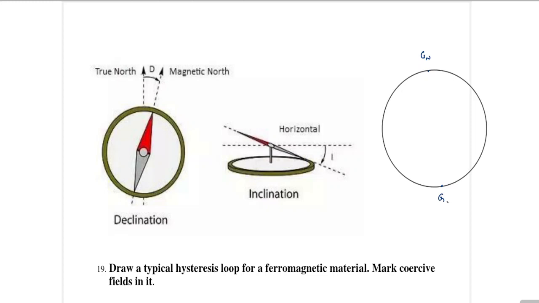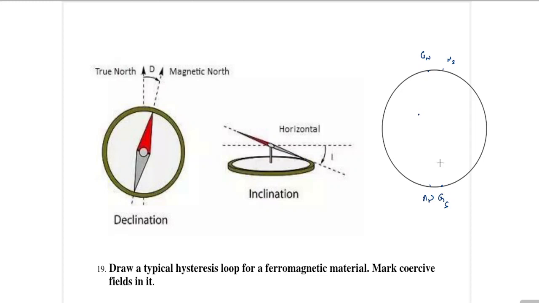This is the geographic south pole, and then there's a point very close to this called magnetic south and magnetic north. Suppose at this point we want to find the declination.